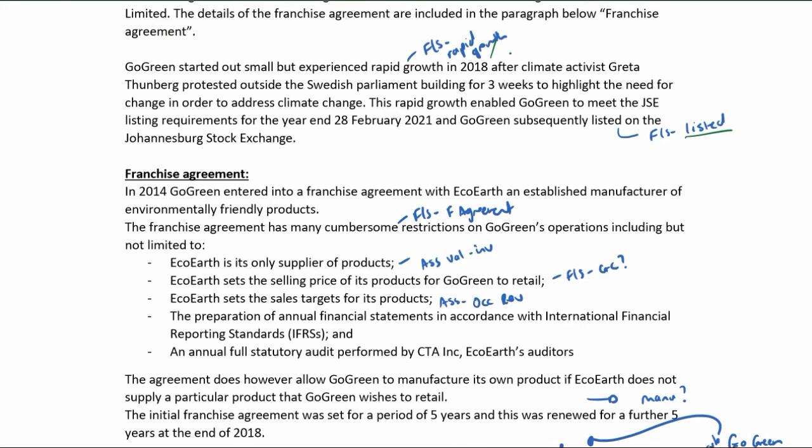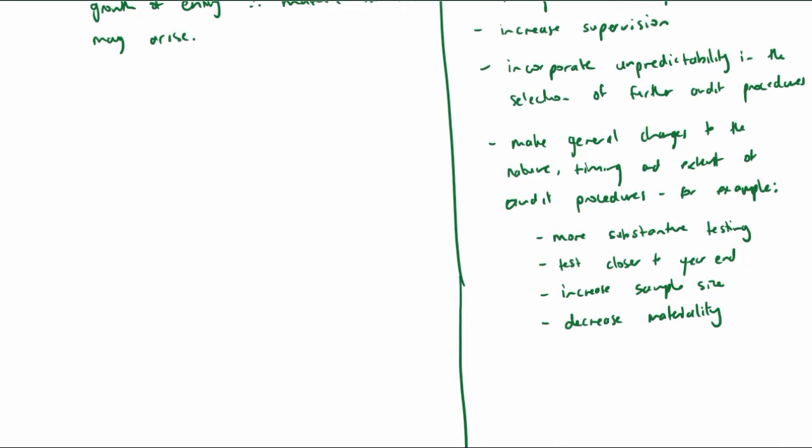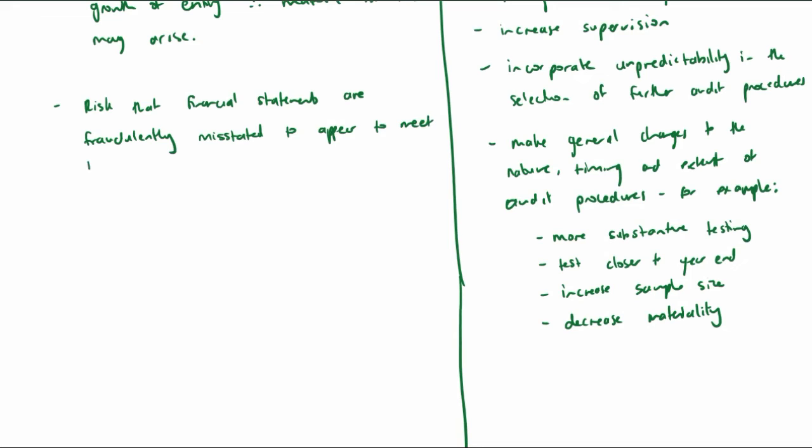The next risk here, they are listed. There's always at least two risks when a company is listed, so I'll put them both down. The first risk is the risk that the financial statements are fraudulently misstated to appear to meet the listing requirements.